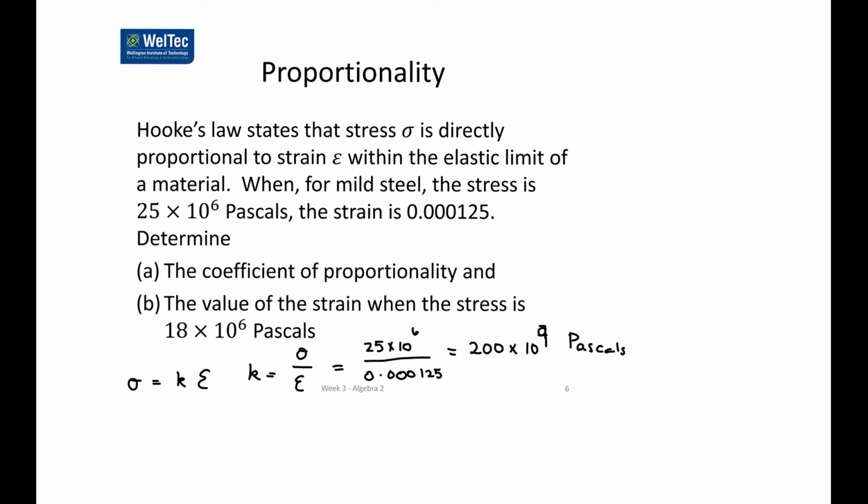And those of you that need to know, or do know, K is Young's modulus of elasticity in this case. Now we could do a similar calculation for part B, where we rearrange that.